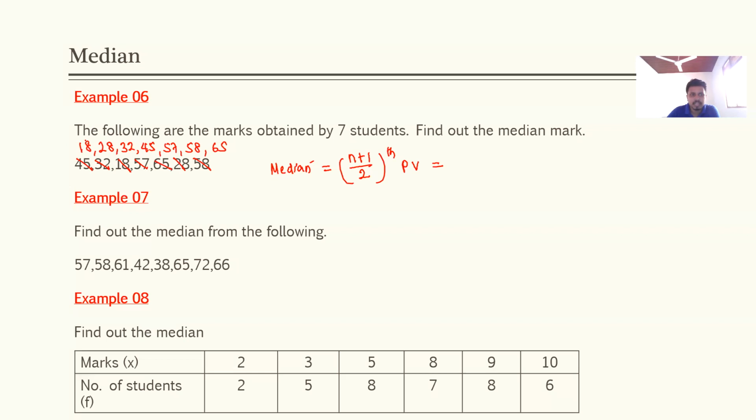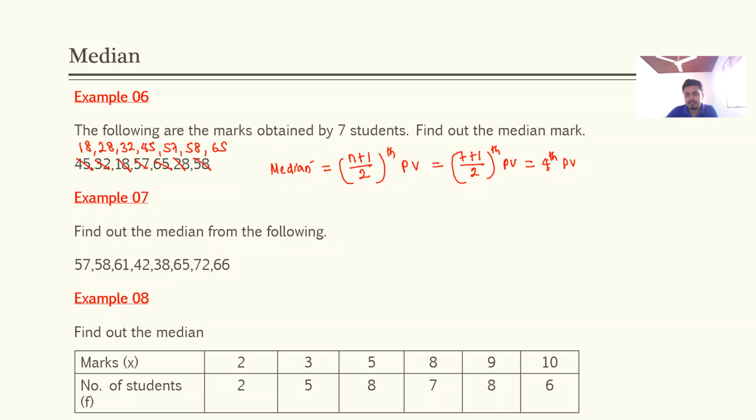How many observations do we have here? 1, 2, 3, 4, 5, 6, 7. So it is n plus 1, 7 plus 1 over 2. 7 plus 1 means 8. 8 over 2 means 4. 4 is not the answer, but it is the place where we can get our answer.